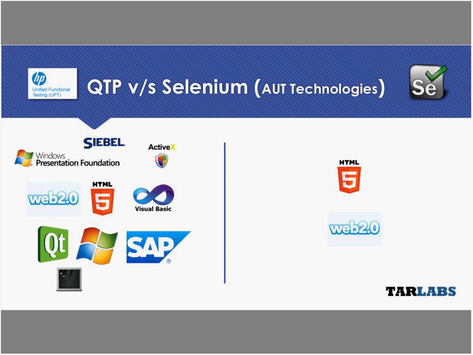QTP supports a huge variety of technologies ranging from COBOL, ActiveX, Visual Basic, Windows, SAP, terminal-based applications, then WPF. Java is something that's missing here. So in terms of technology stack, they support the stack that's mostly available, and that's why it's been the most popular tool for automation earlier.